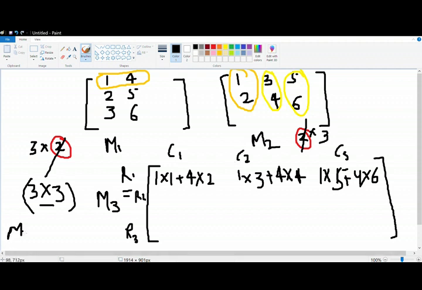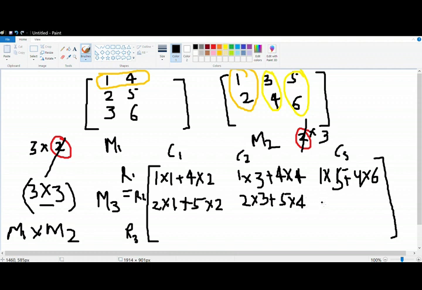I will state here m1 into m2. I will do this fast. Second row: 2 into 1 plus 5 into 2, then 2 into 3 plus 5 into 4, then 2 into 5 plus 5 into 6.